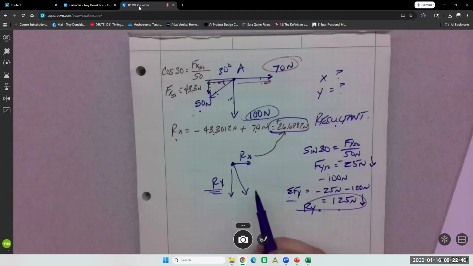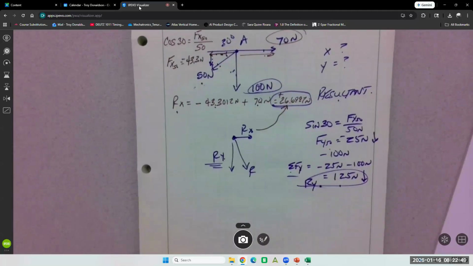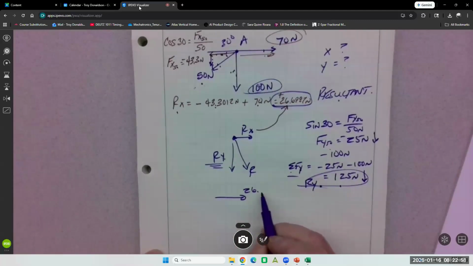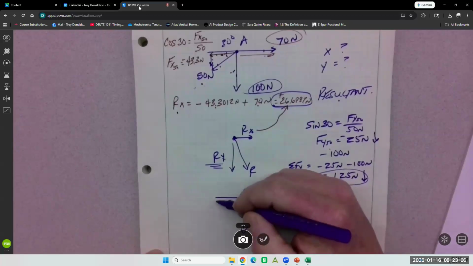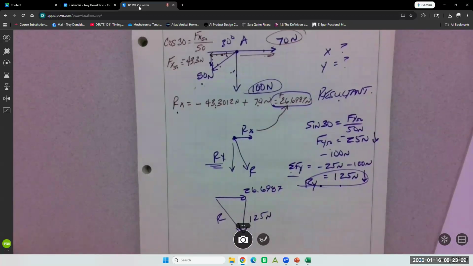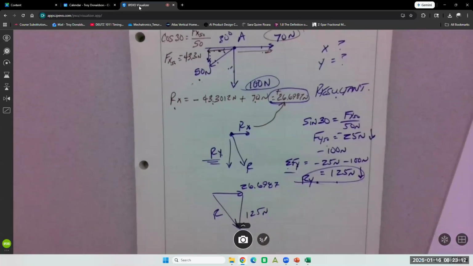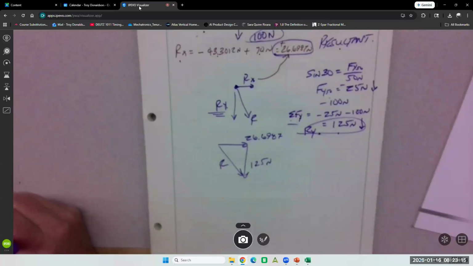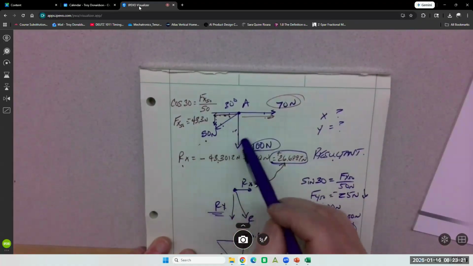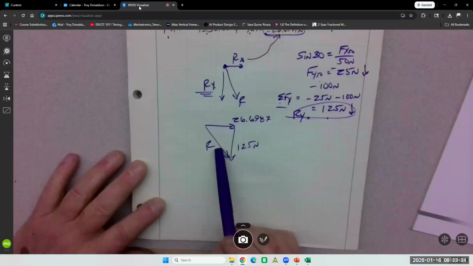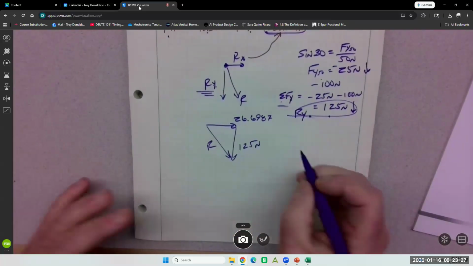Then we'll go for the resultant, which is R. So once you have that, you have Rx. What was our x? 26.6987. And then we have Ry at 125 newtons. That creates R. Those two effects. R is the resultant. It's like the total effect, the total of these three forces. To get R, we can use the Pythagorean theorem.